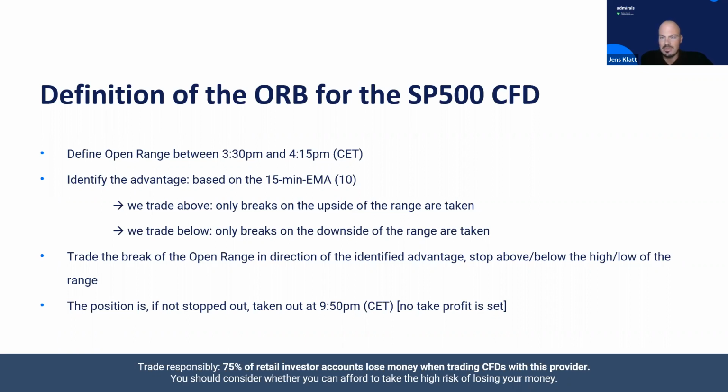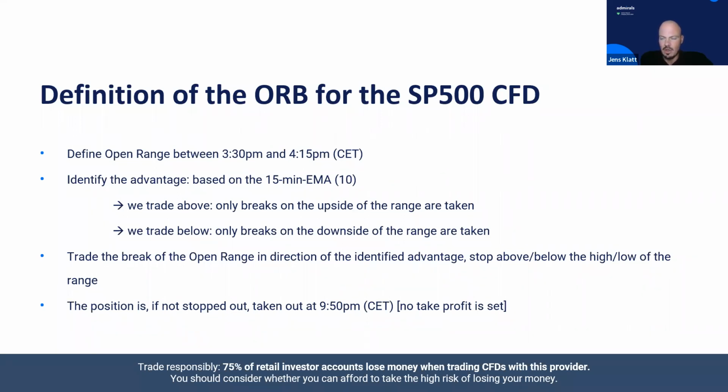So this was our, let's say, advantage identifier, if you want. And in case of the S&P 500 here, we look at the 15-minute time span, and then we look at the EMA 10. And what we simply do is we say, well, if we trade above the EMA 10, then we take only breaks on the upside and enter long trades here.